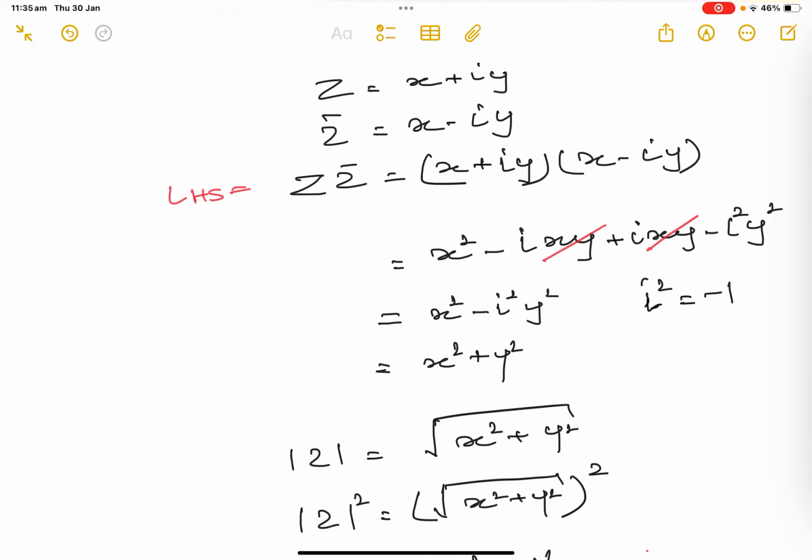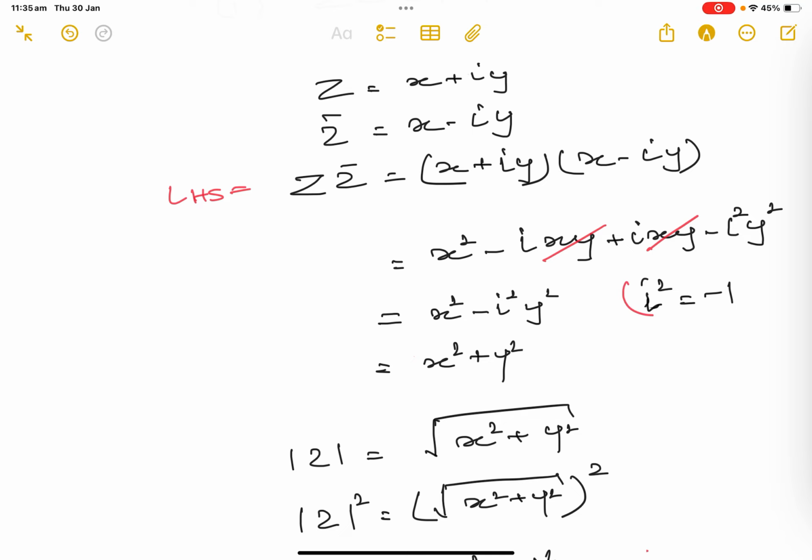Remove the brackets. x times x is x squared, x times minus iy is minus ixy. Then plus iy times x, i times xy. Then minus i times i squared y squared. So the minus ixy plus ixy will cancel out. What we are left with is x squared minus i squared y squared.